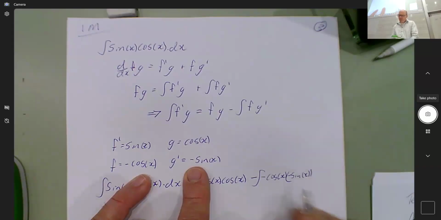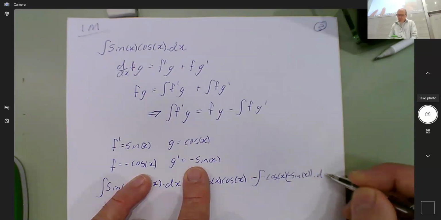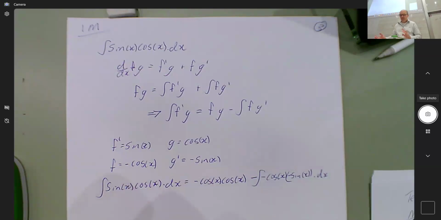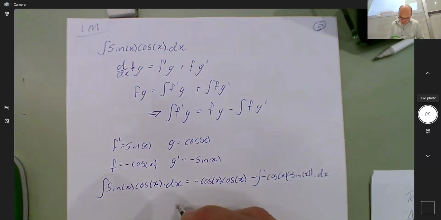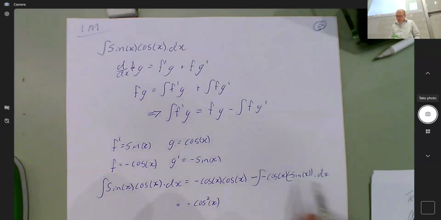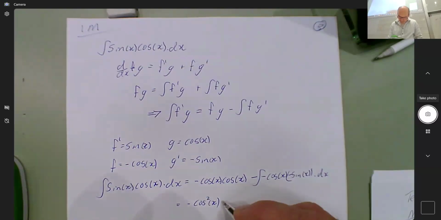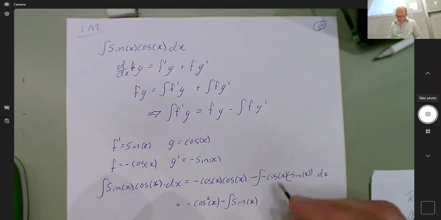You notice I've whacked brackets around it because I'm multiplying by minus sine of x and I don't want to get confused. So this is like minus cos squared of x. There's like 1, 2, 3 minuses. So I'm going to go minus and then integral and then sine of x cos of x. Hey, what?